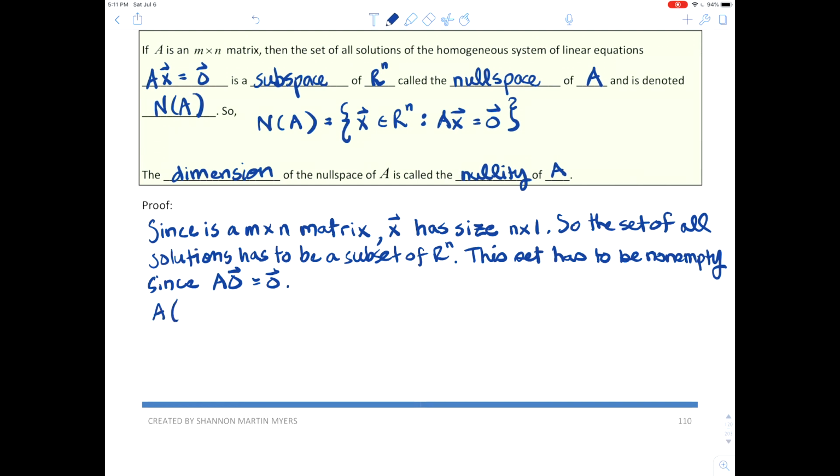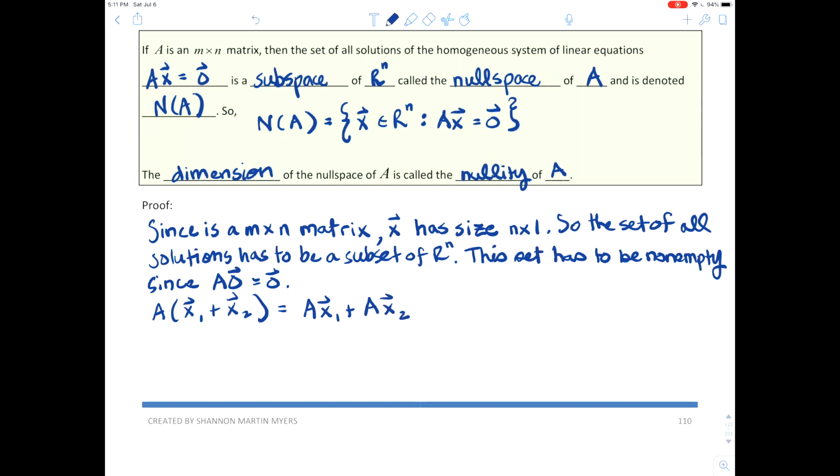If we look at A times the sum of these two vectors, that's going to be what? We know that the multiplication is defined, so it would be A times x1 plus A times x2.